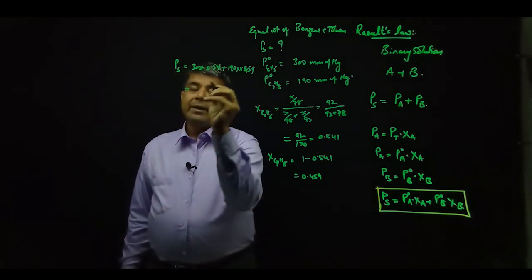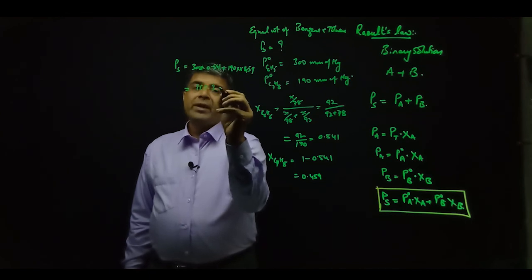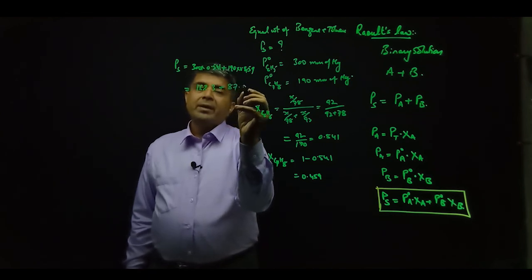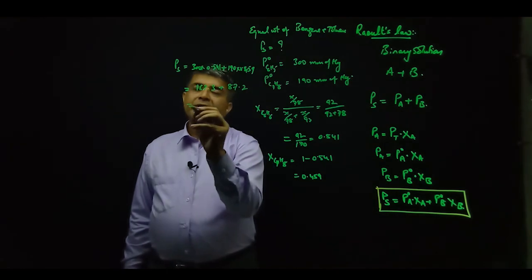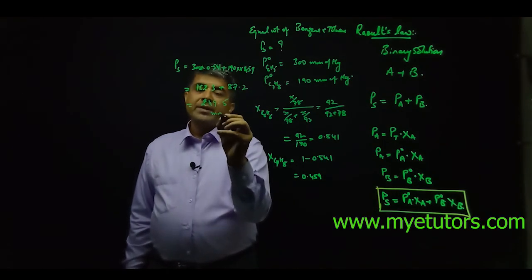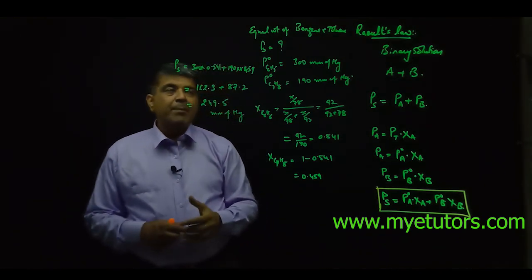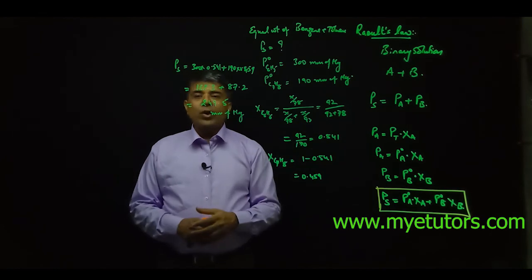So calculating it comes out to be 162.3 plus 87.2, which is 249.5 millimeters of mercury column. So this is how a simple calculation for Raoult's law can be carried out.